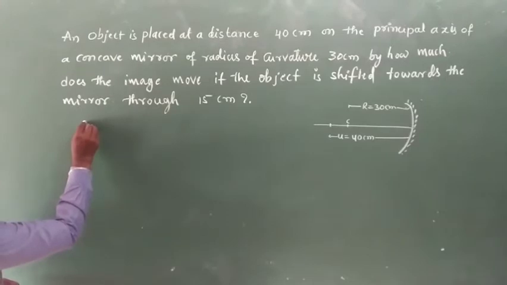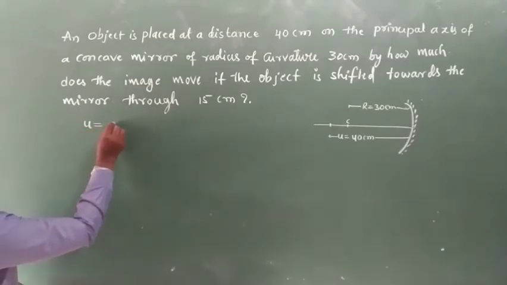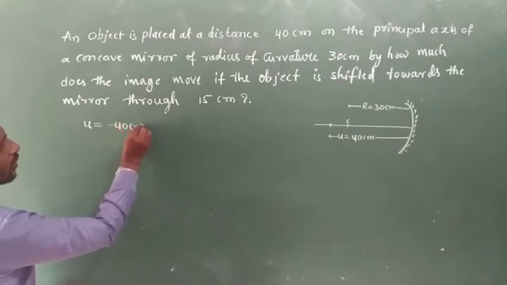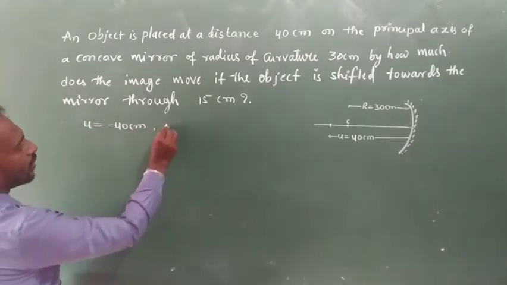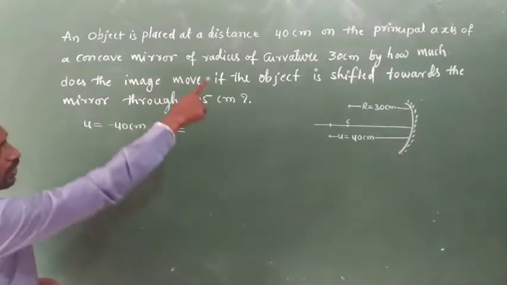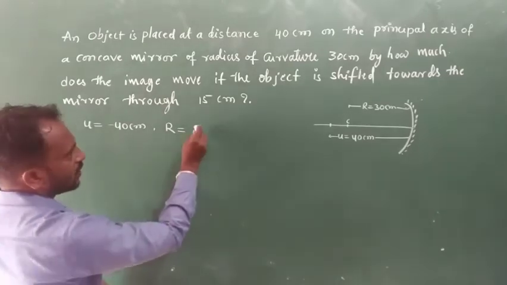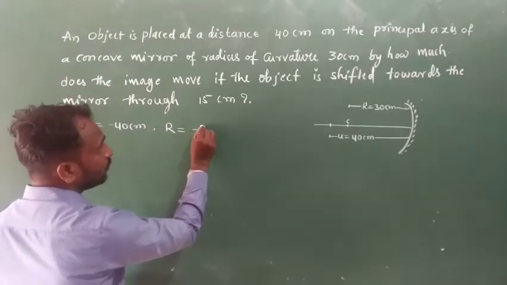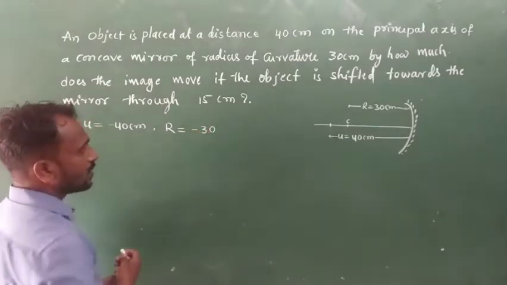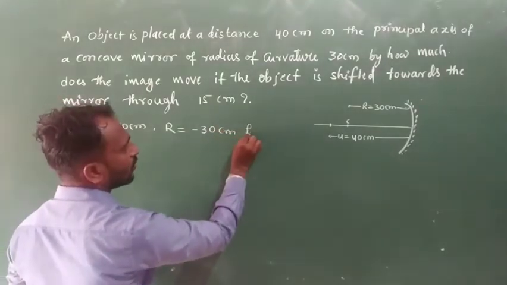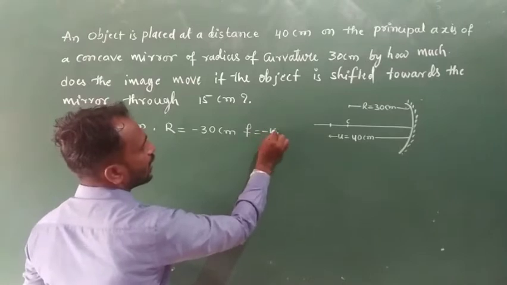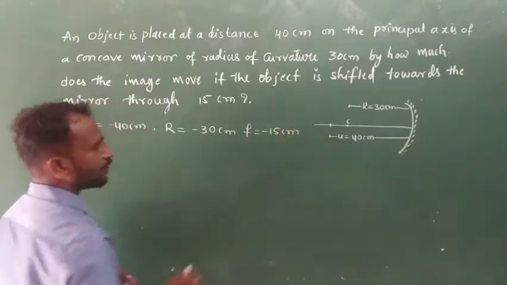Given data: object distance u is equal to minus 40 centimeter, and the radius of curvature r is 30 centimeter, which is negative. When r is 30 centimeter, the focal length f is minus 15 centimeter.